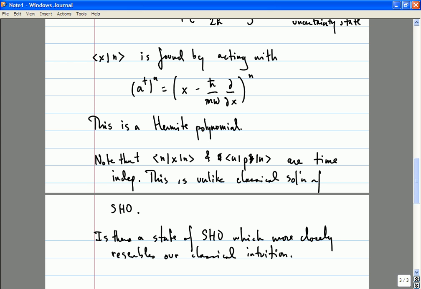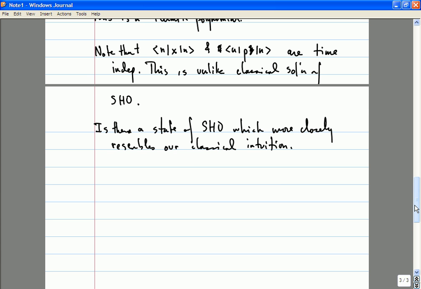Then we need to understand whether it's possible to study the states of the simple harmonic oscillator in a manner which makes clear that they oscillate in time. And indeed, there is a special family of states which have precisely this property. They are known as the coherent states.